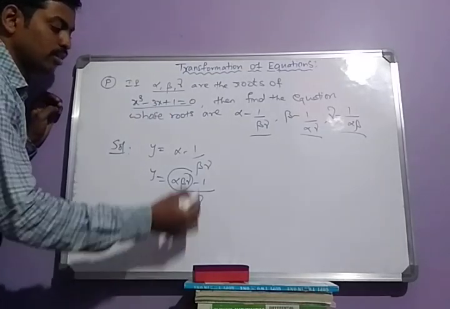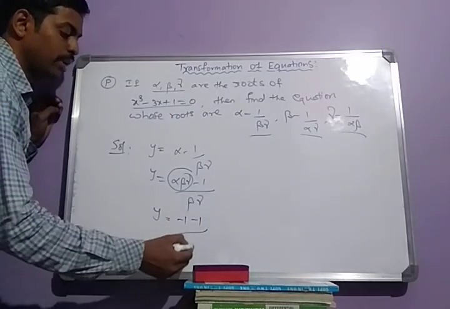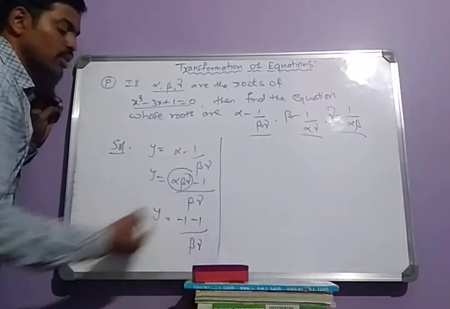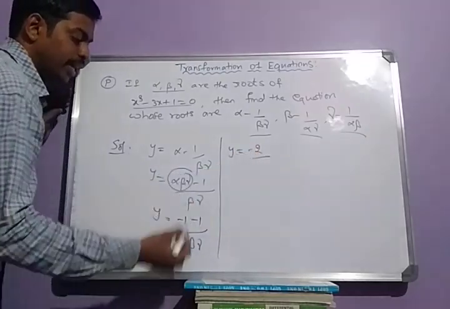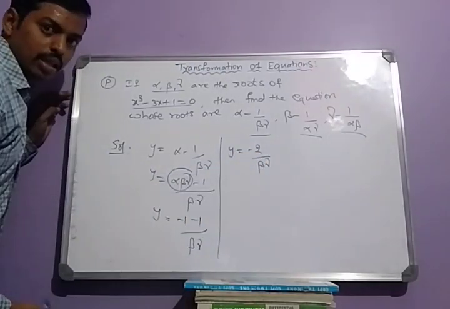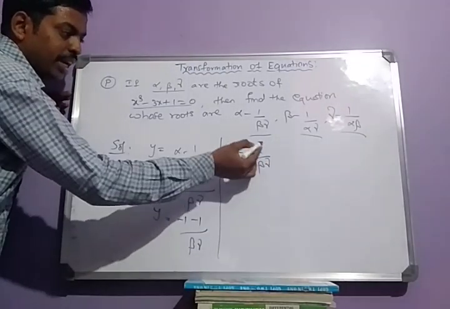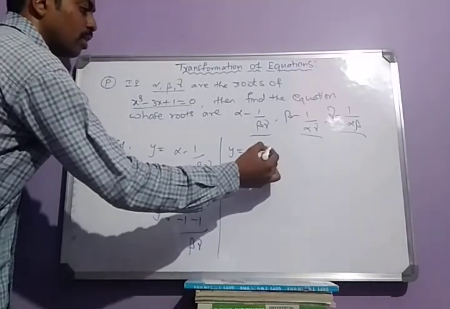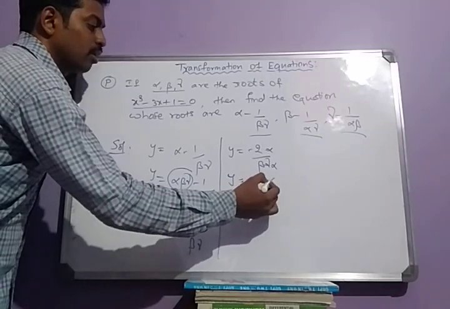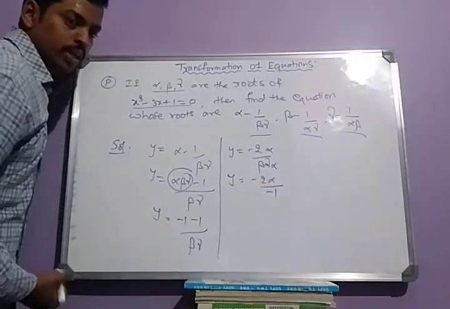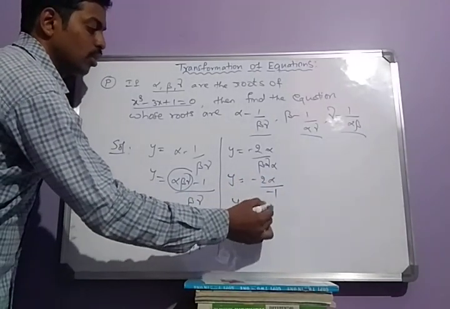You'll get minus 1. Already we have minus 1 divided by beta gamma. So therefore, you will get y is equal to minus 2 divided by beta gamma. Now you can multiply the denominator and numerator with alpha. So once again you got alpha beta gamma in the denominator, whose value is minus 1. Therefore y is equal to 2 alpha.